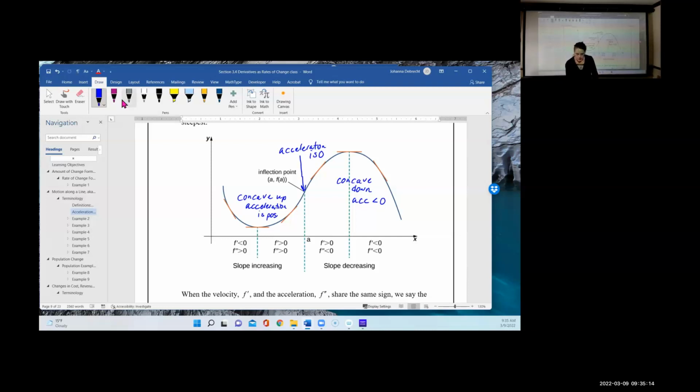So let me put those pieces of information on here. On this section right here, we are slowing down because we're about to stop. And on this section right here, we're slowing down because we're on the left side of a place to stop.